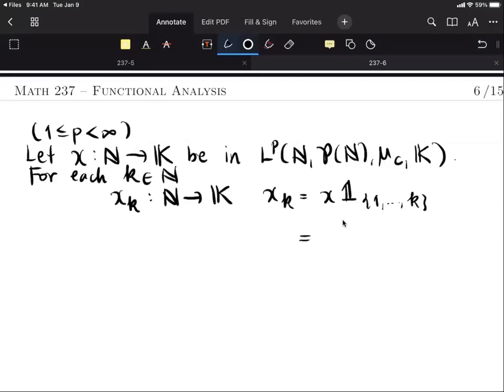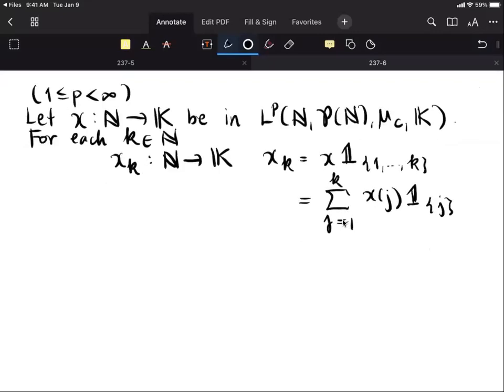Or you can write this simply as the sum over j from 1 to k of the value of the function at j times the indicator function of the singleton {j}.